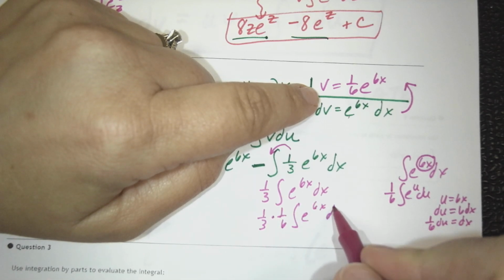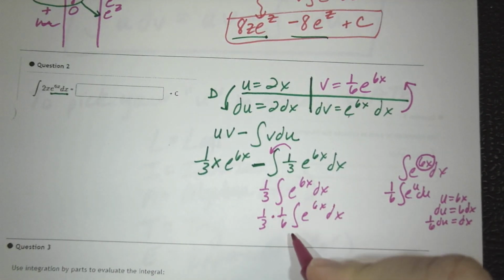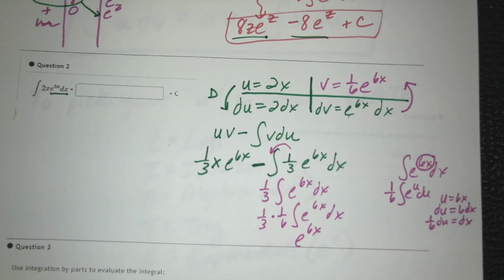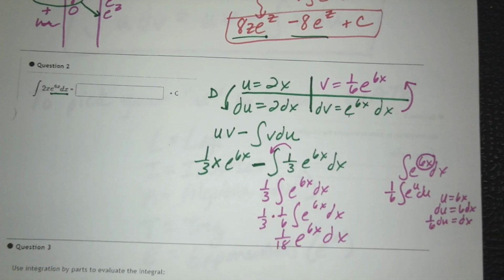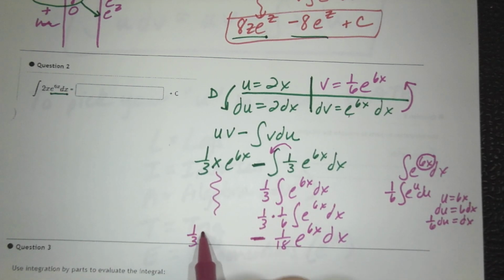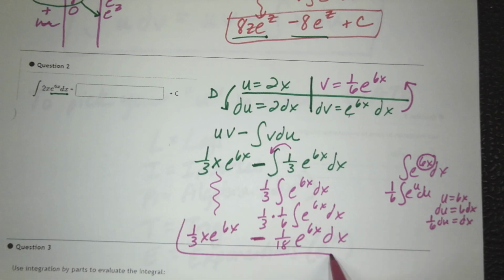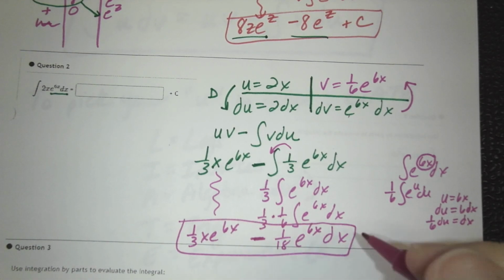The integral of 6x is just e to the 6x. And what would be in front of it? And then bring that minus down here, and then bring this, and that is the final answer. Oh, plus C, thank you.